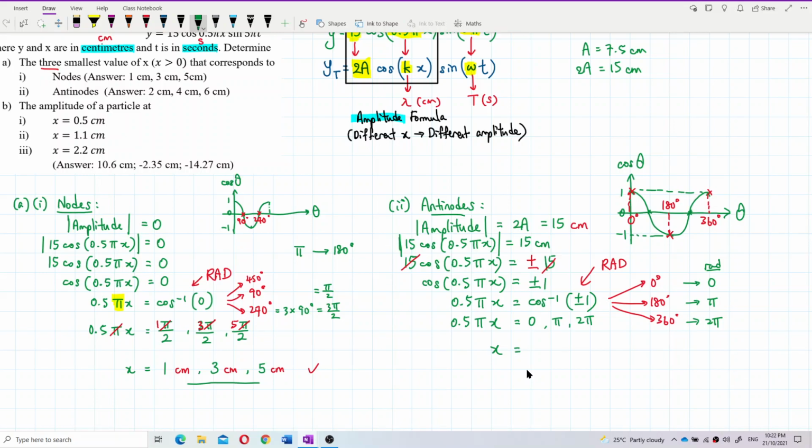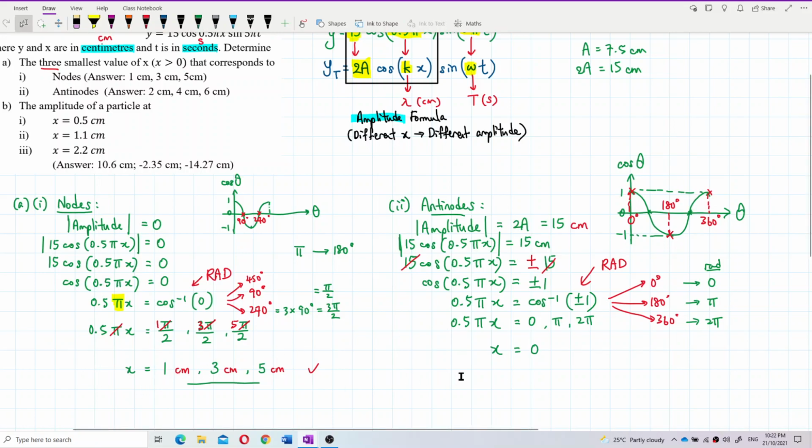So the first one is 0. X also 0. And then the second one is pi divided by 0.5 pi. Okay. So what do you get? You get 2. Write the unit first. What's the unit of x?